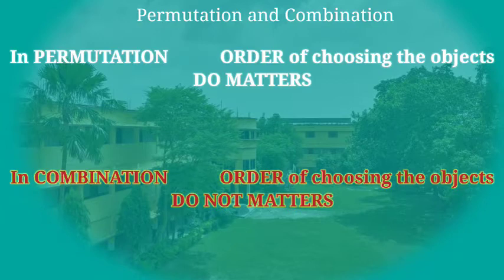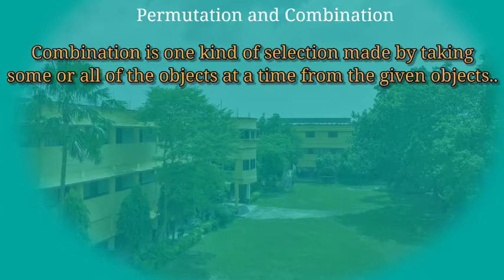The definition of combination says that it is one kind of selection where, out of the given n objects, the selection is made by taking some or all of the objects at a time, irrespective of their arrangements. The arrangement should not be considered as giving two different combinations.